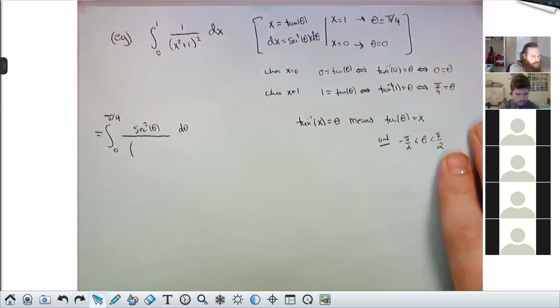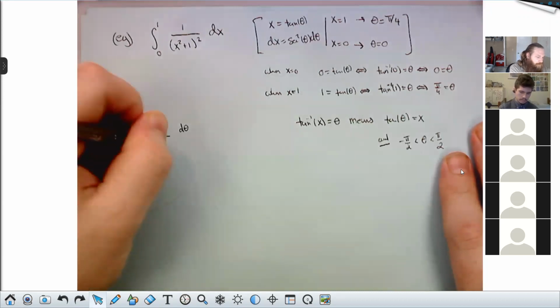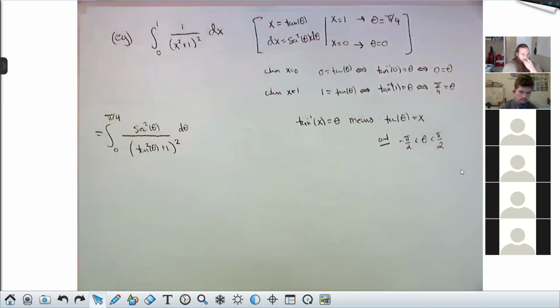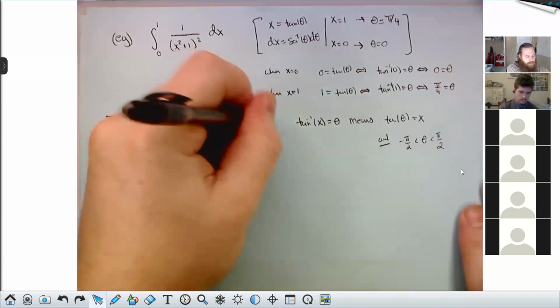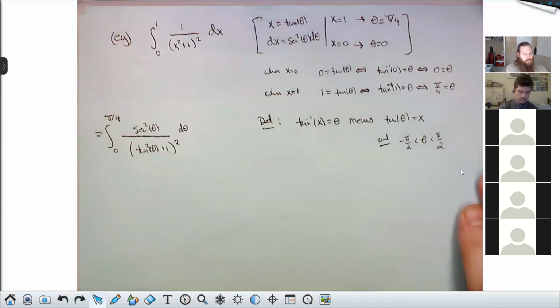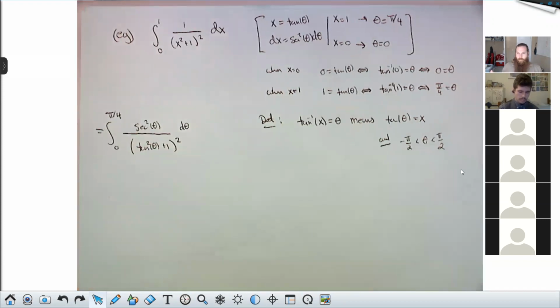So finishing rewriting my integral down here, I'll have tan squared theta plus 1 quantity squared. So this was the definition of inverse tangent. The domain restriction here is important. That's kind of what I was saying earlier about rewriting things as like cosecant of inverse tangent.